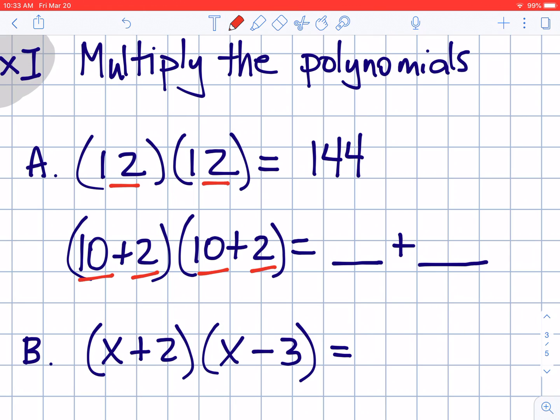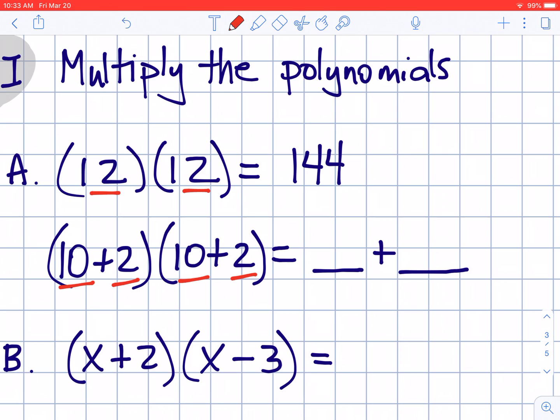Now, when we format it like this, a lot of kids will think, oh, 10 times 10 is 100, and 2 times 2 is 4, so the answer then would be 104. We can clearly see that 104 and 144 are not the same thing, so we've missed something.